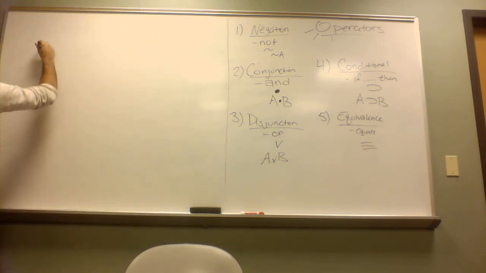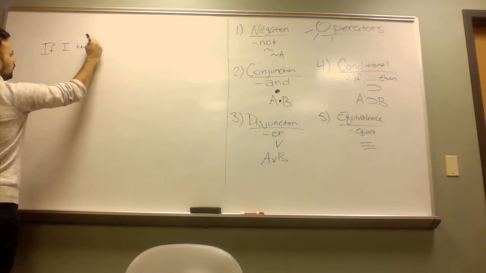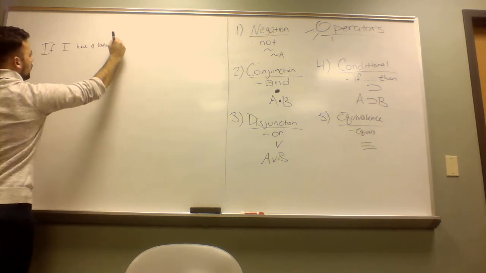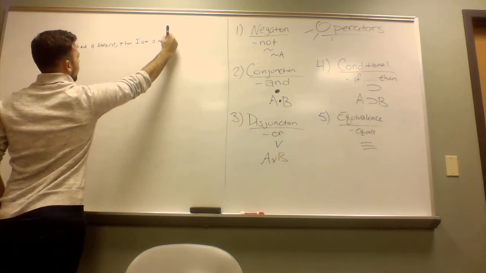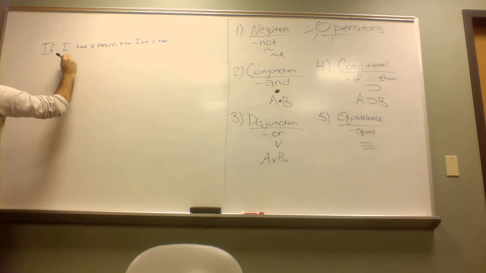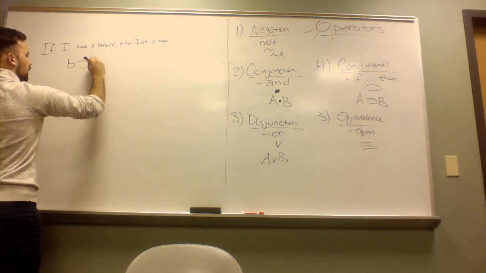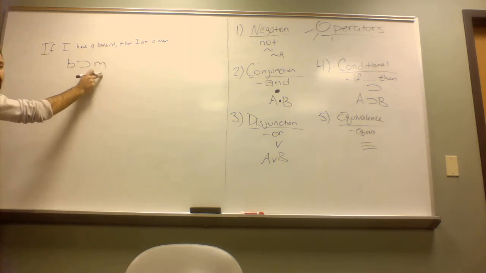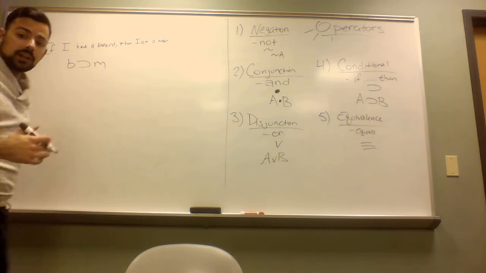So something like, if I have a beard, then I am a man, right? We would say, okay, having a beard, let's call that B, and being a man, we'll call that M, and therefore we'll say, if B, then M, right? If I have a beard, then I am a man. Things like that. And we're going to come up with arguments.